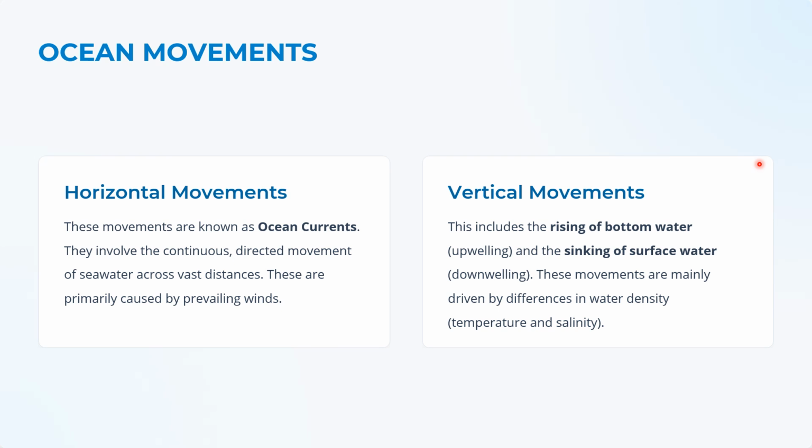So this is the vertical movement, and in every 24 hours there are two high tides and two low tides, and in every month there are some variations also. We will be learning about that too. So this is the basic difference between horizontal and vertical movements. Horizontal movements are ocean currents and vertical movements are mostly referred to as tides, right?